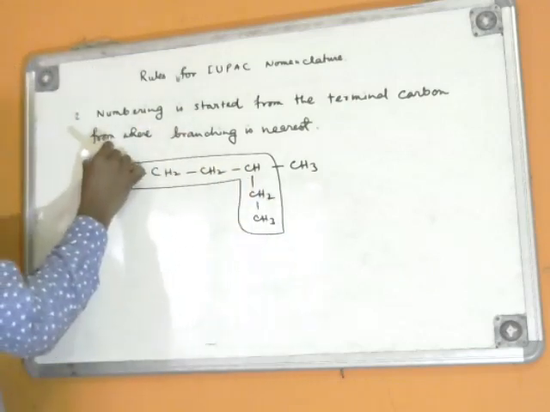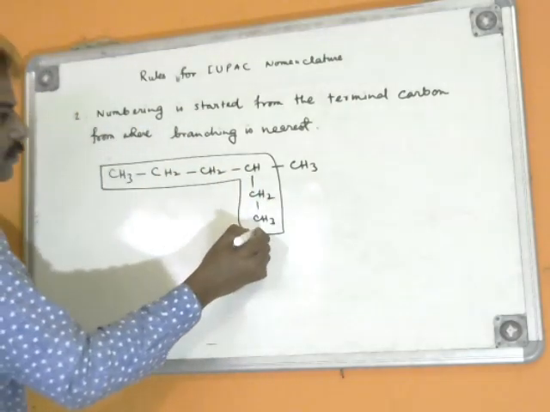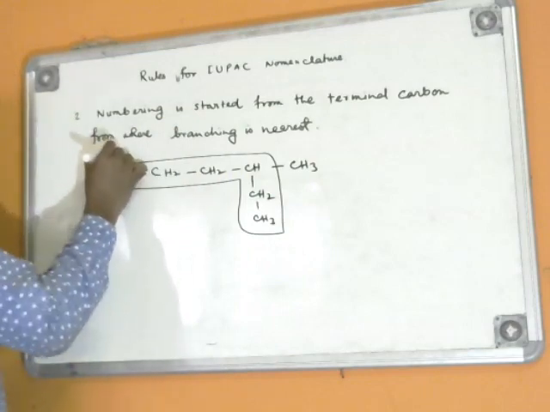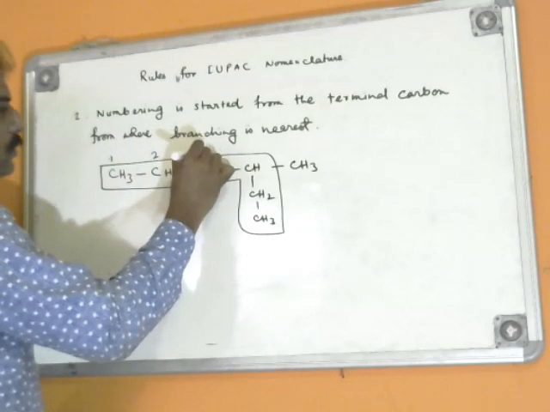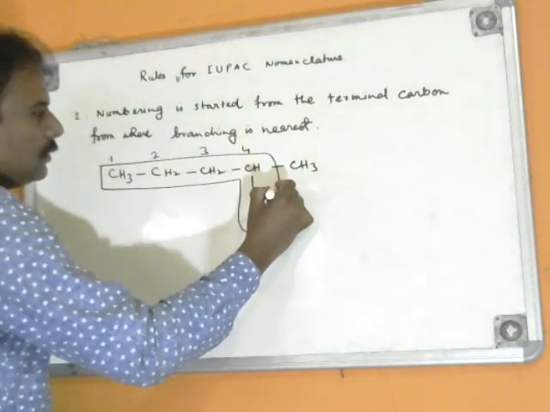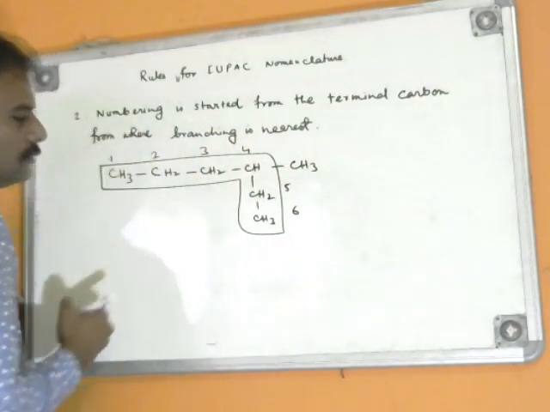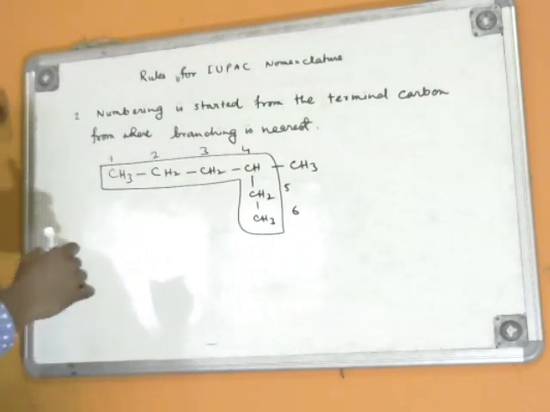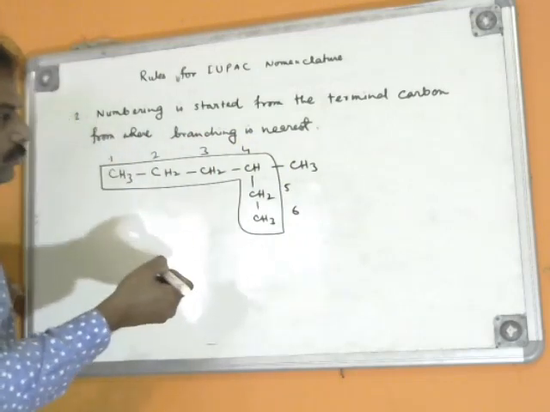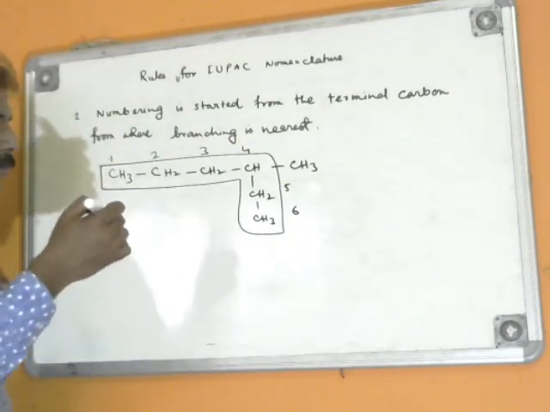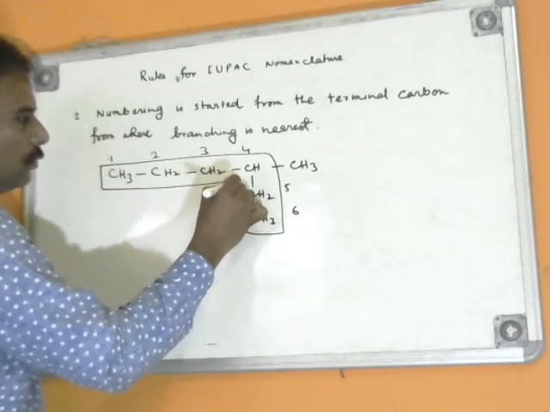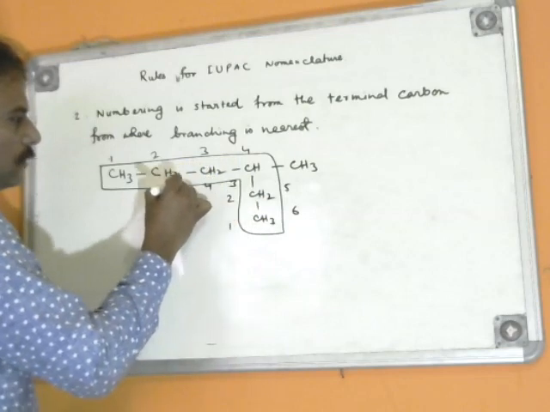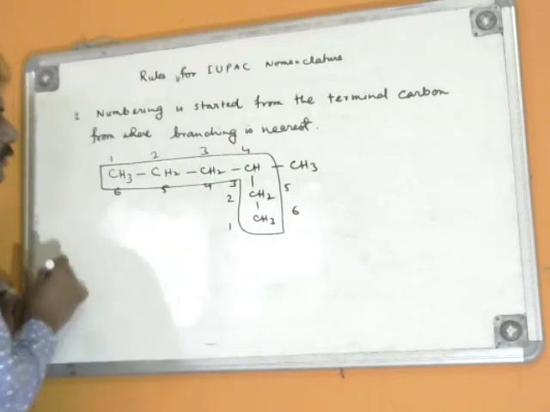Here this is the terminal carbon, and this is also a terminal carbon. You can put numbering from that terminal carbon: 1, 2, 3, 4, 5, 6. Alternatively, you also can put numbering from the other terminal carbon: 1, 2, 3, 4, 5, 6.